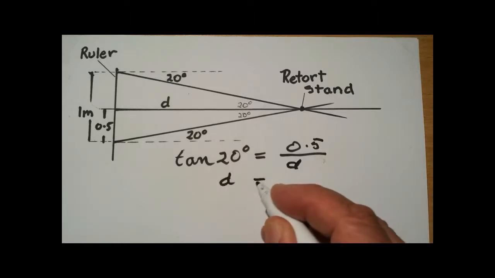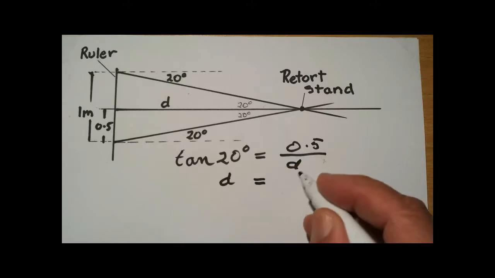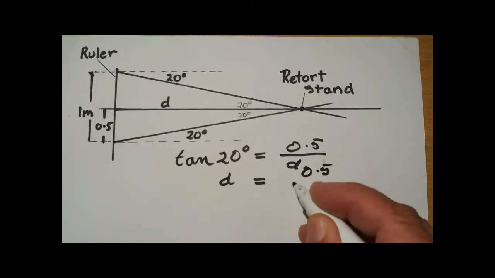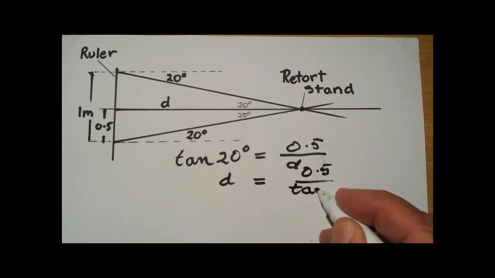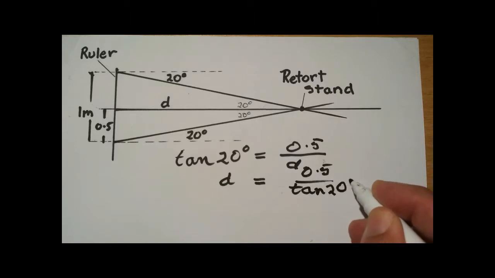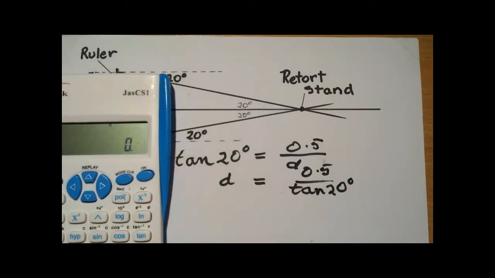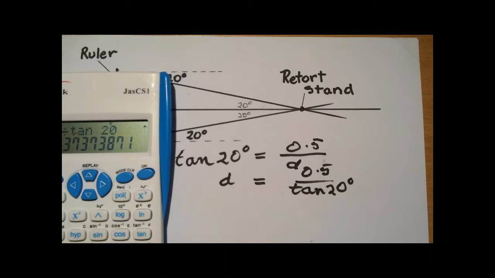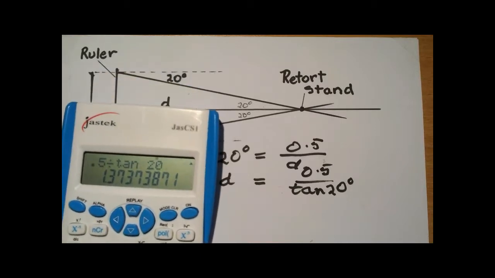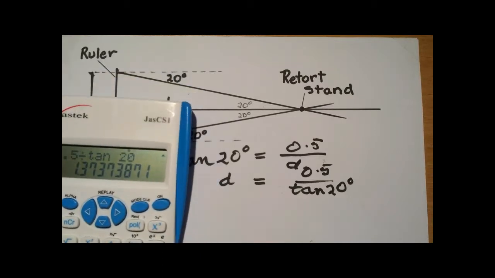So D then is equal to 0.5 divided by tan 20, and put that into our trusted calculator. 0.5 divided by tan 20 equals 1.37.